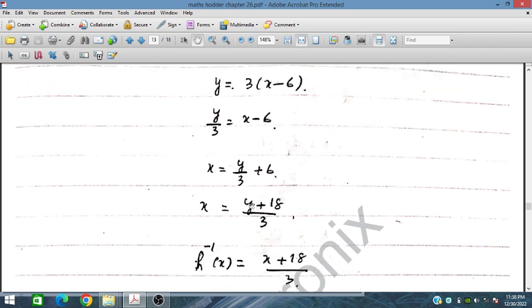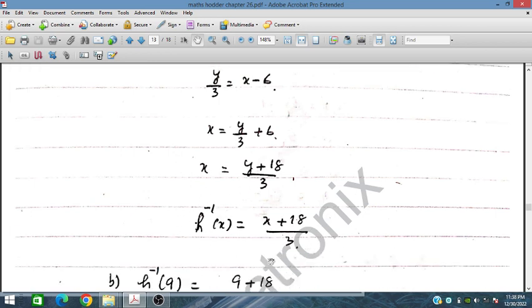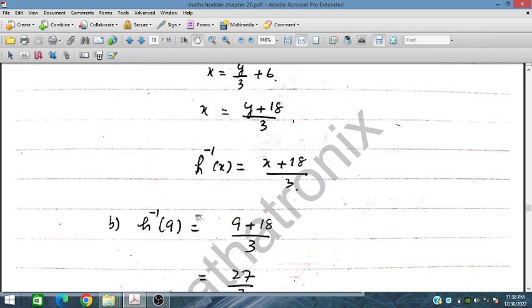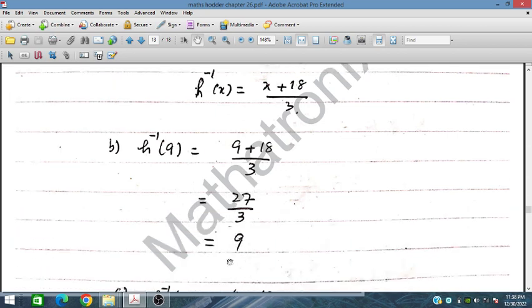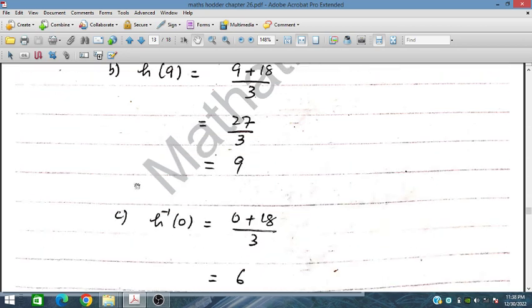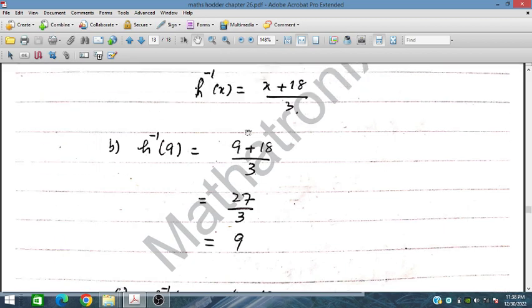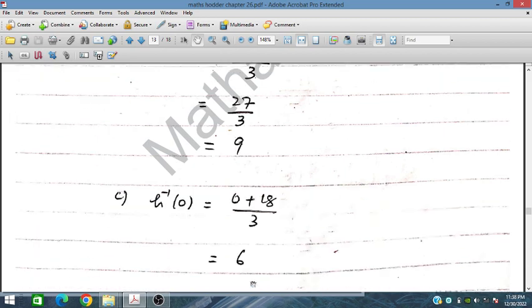Now we change variables: in place of y we write x, and in place of x we write h inverse of x. And this is h inverse. For h inverse of y, in place of x we write 9, and we get this value. For h(0), in place of x we write 0, and we get 6.